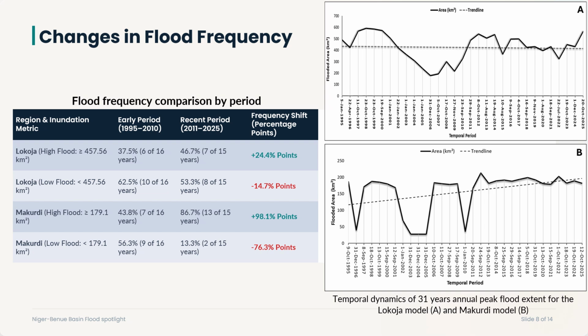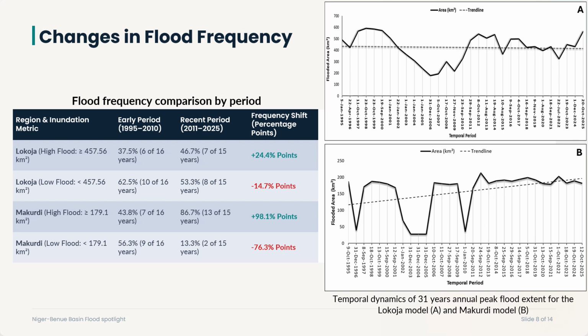In contrast, the period from 2011 to 2025 shows a near total dominance of high floods, with 86.7% of the years exceeding the mean threshold and only 2 years falling below it.